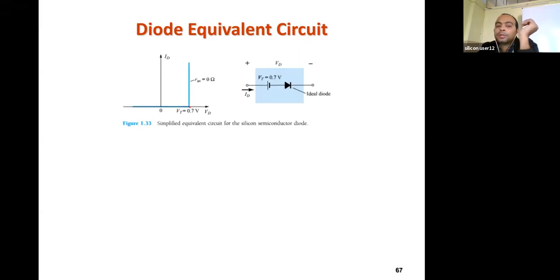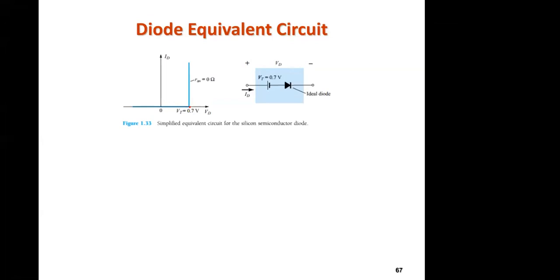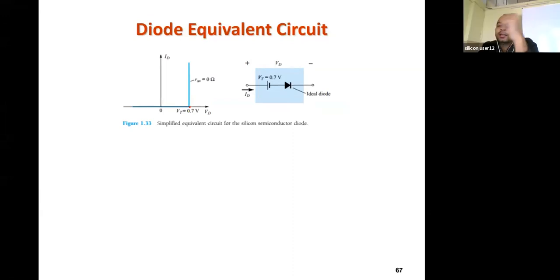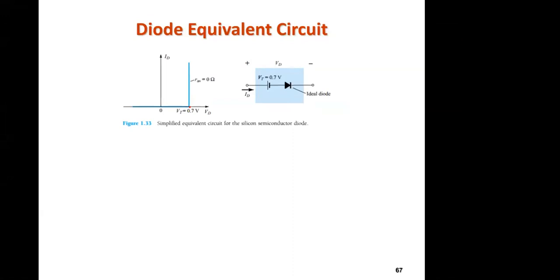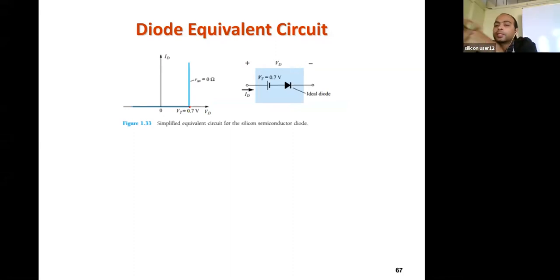Yes or no? Completely vertical means what does it indicate? Then Rab is equal to how much? Resistance 0. Resistance is 0, which means in the equivalent circuit we will not count the resistance. Since the resistance is equal to 0, that's why the resistance is not connected in this equivalent circuit.